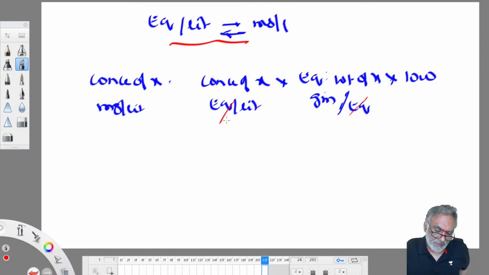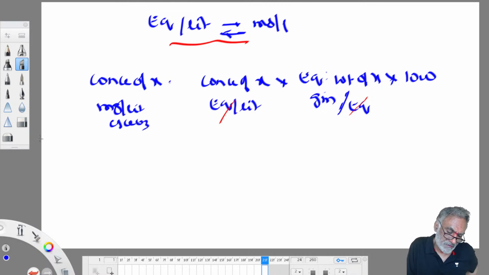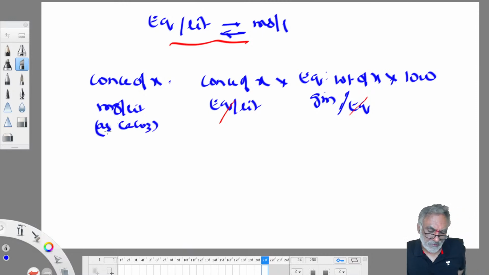Gram per liter is converted into milligram per liter as CaCO3. This is how we can work out.